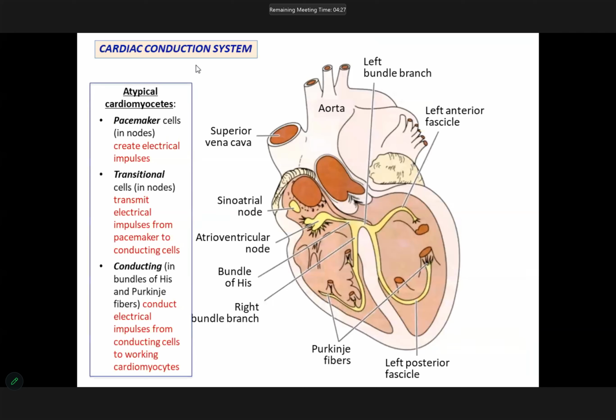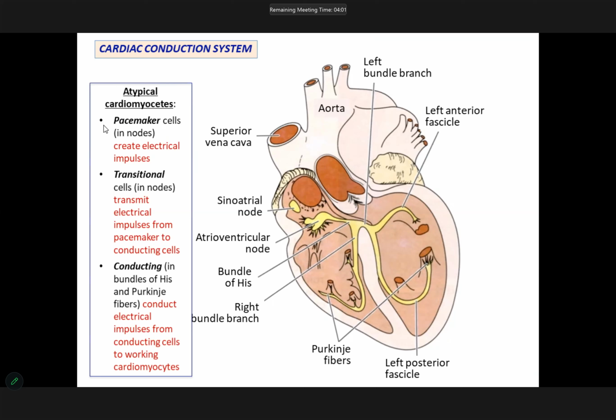Now, finally, cardiac conduction system is for generation, conduction of electrical impulse, and as a result, for making working cardiomyocyte to contract. These cells include three types of atypical cardiomyocytes.